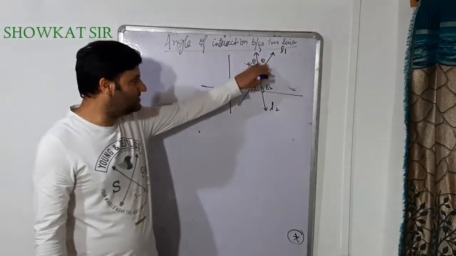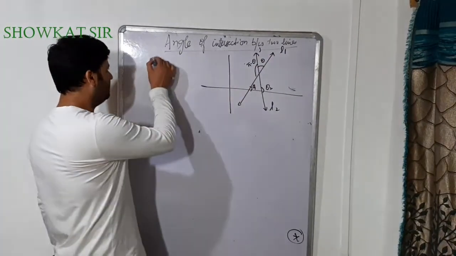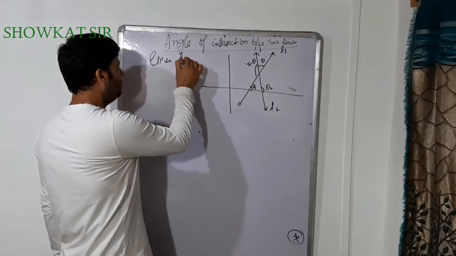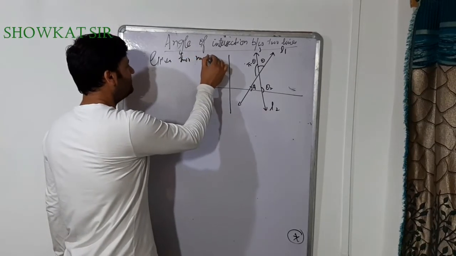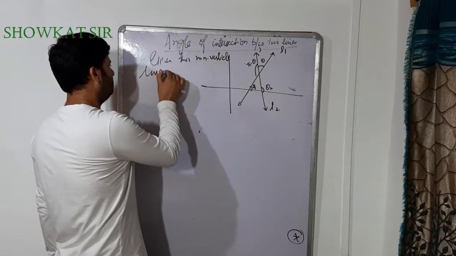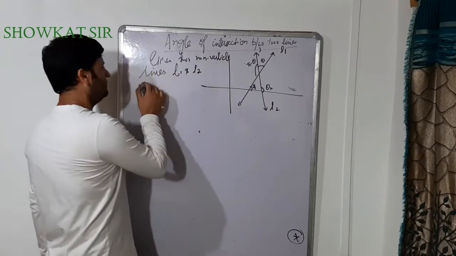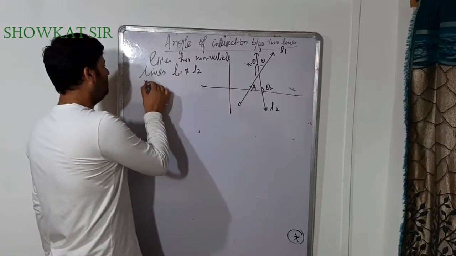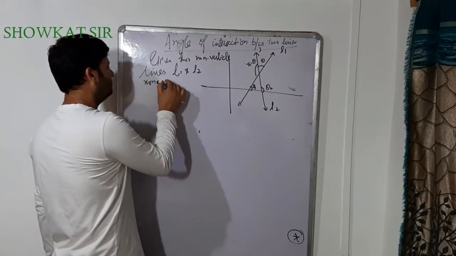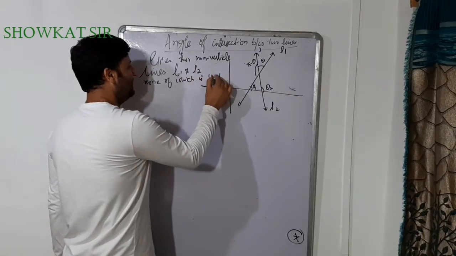And these two lines are non-vertical lines. So we are given two non-vertical lines, L1 and L2, none of which is parallel to the y-axis.